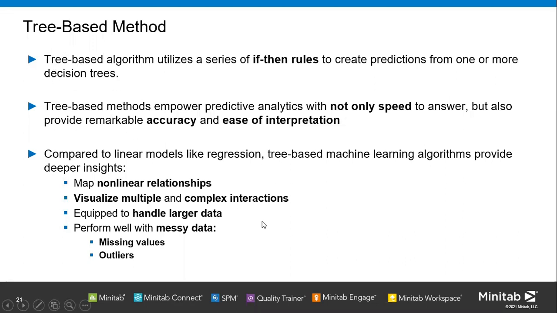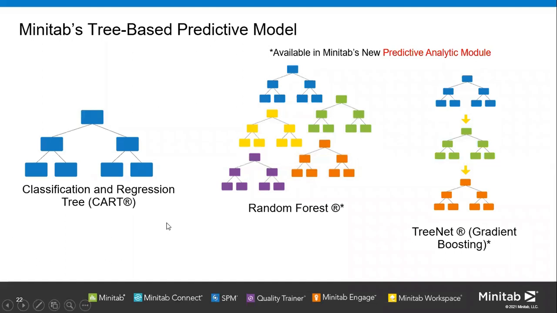So we highly recommend, if you do regression and it doesn't work well, you can go for the tree-based method. In the tree-based method, we have several tree algorithms. The first one is called classification and regression tree, or CART. The second one is random forest.